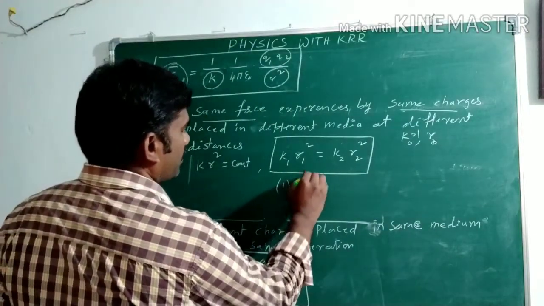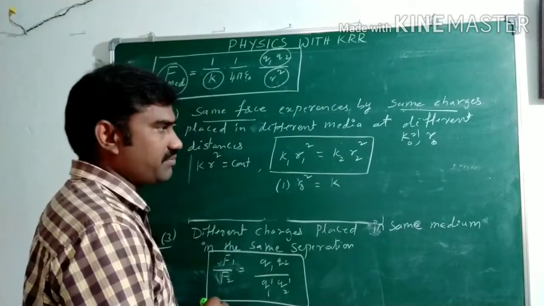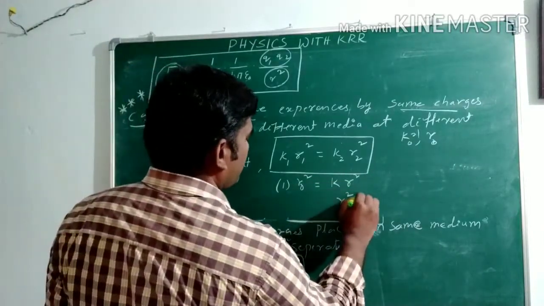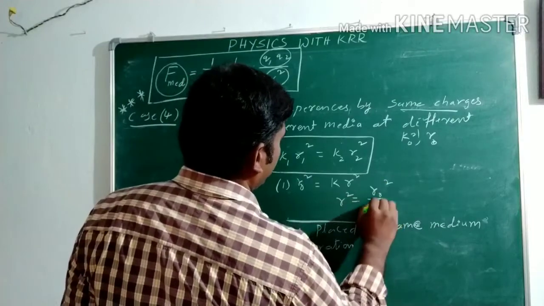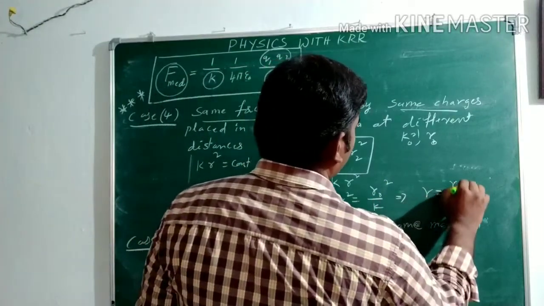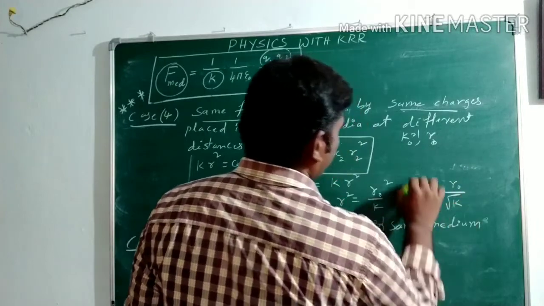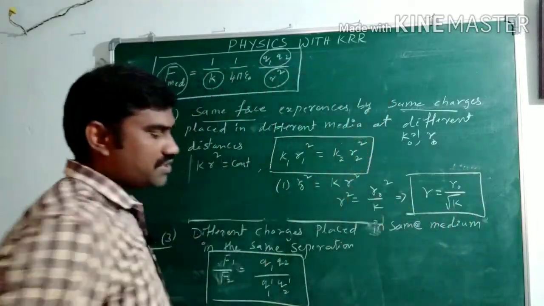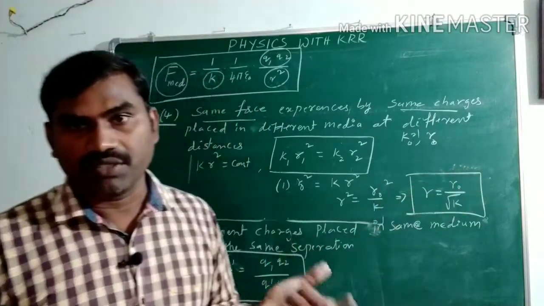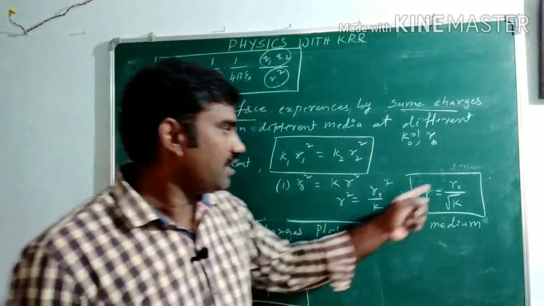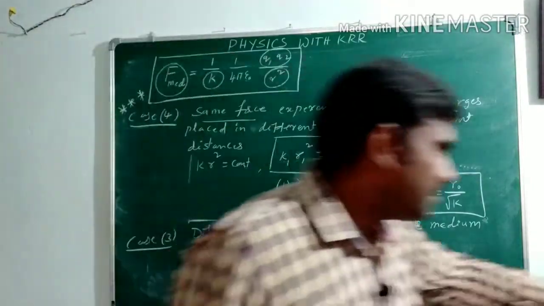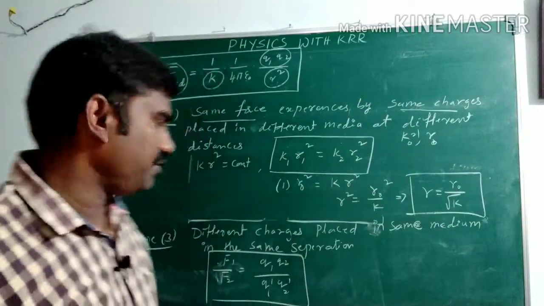This is R0 square. This we can take as some K. So this is R square. Now R square is equal to R0 square by K. That implies R is equal to R0 by root K. So this is the distance between the two charges when placed in different media, and R0 is the separation between the charges when they are in air or vacuum.